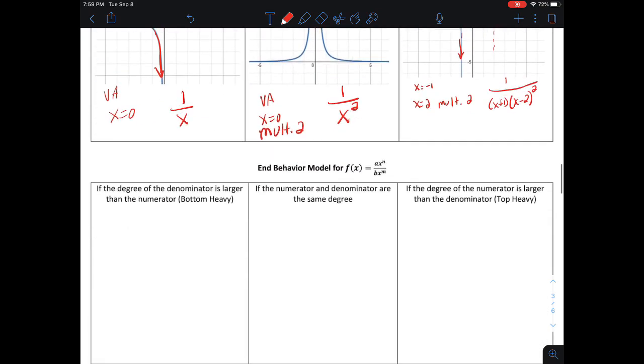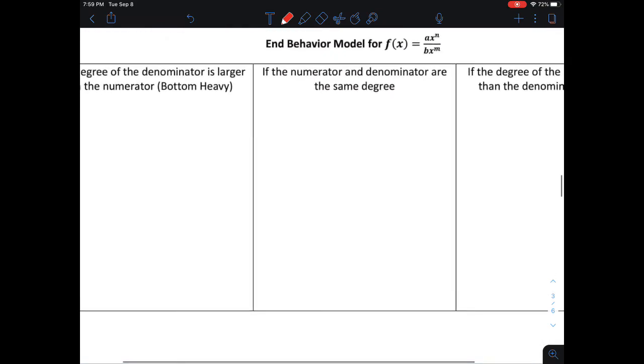Now let's look at the end behavior model for rational functions. The end behavior model for rational functions is based upon the degrees of the numerator and denominator. So let's say I have a rational function where the largest exponent value of x in the numerator is n, and the largest exponent value of x in the denominator is m.